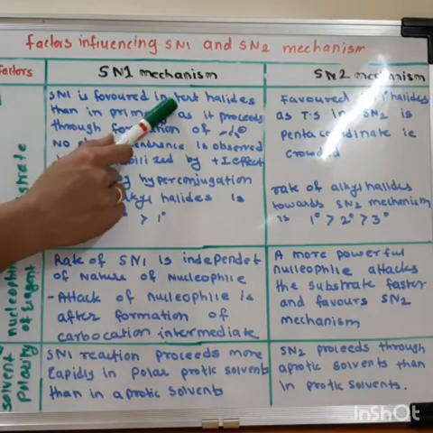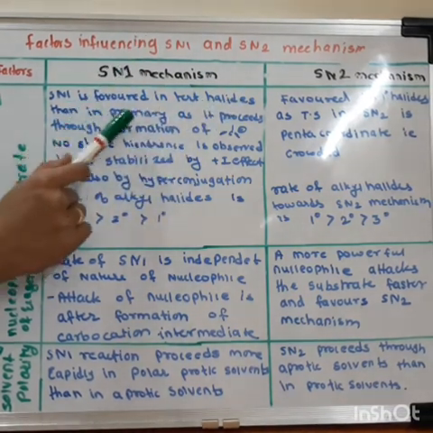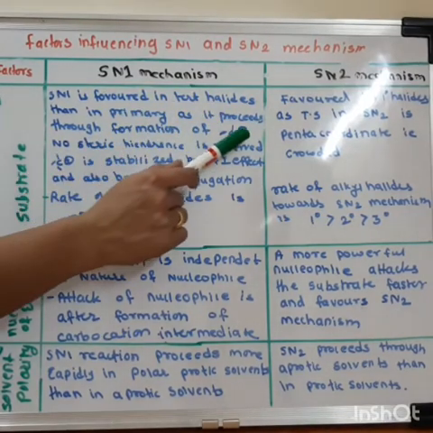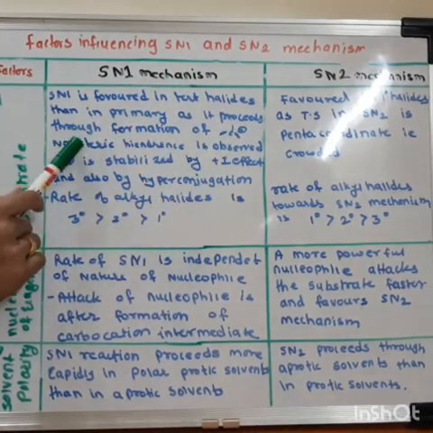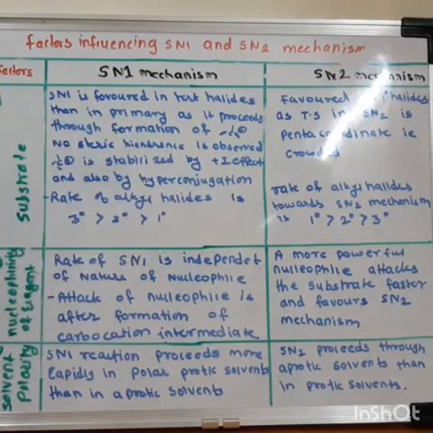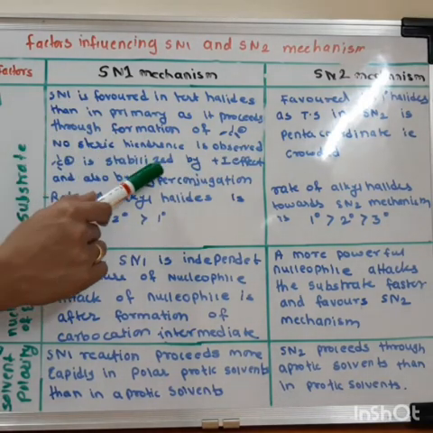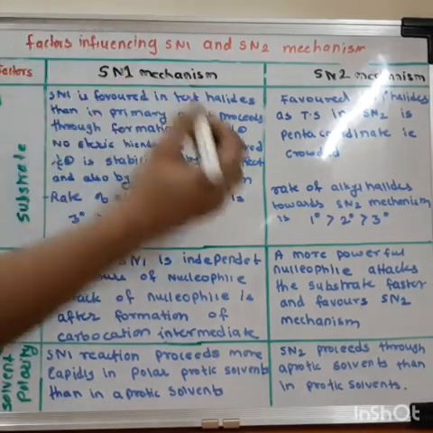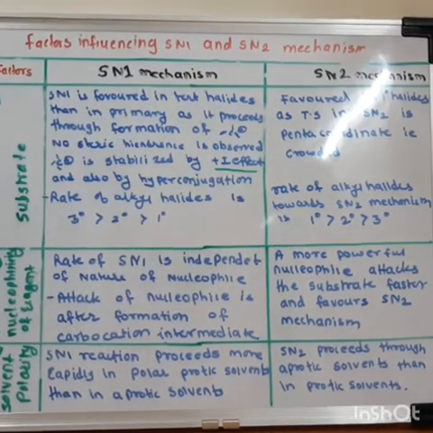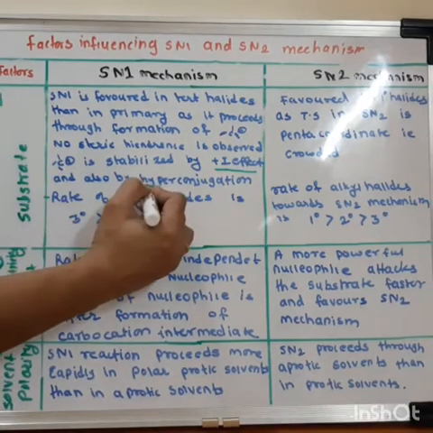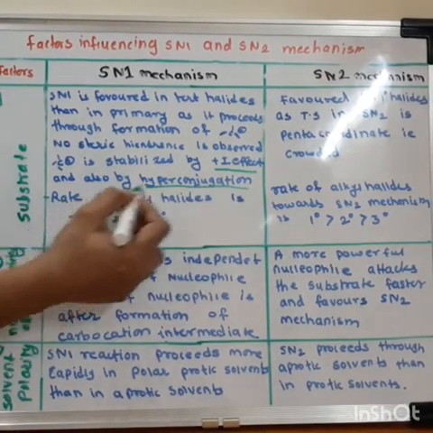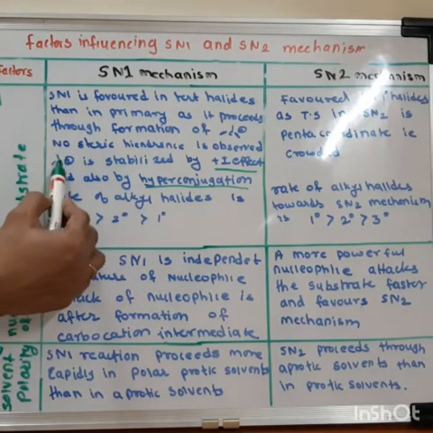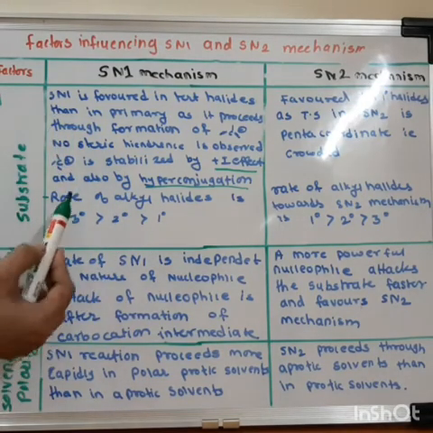SN1 is favored in tertiary halides rather than in primary halides as it proceeds through formation of a carbocation. No steric hindrance is observed here. The carbocation is stabilized by plus I effect, that is positive inductive effect, and also by hyperconjugation of alpha hydrogen atoms from the 3 alkyl groups.